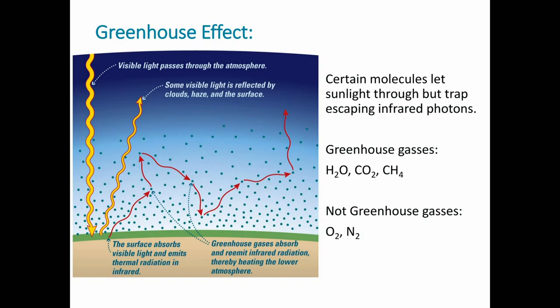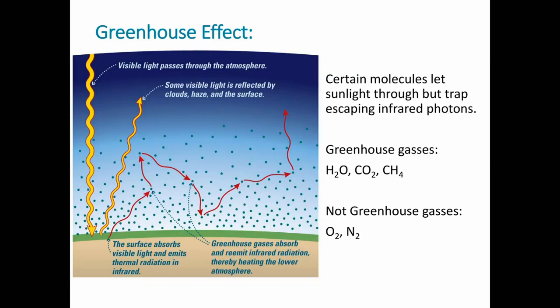It turns out a lot of particles in the atmosphere are actually very good at absorbing infrared light and not letting it escape back into space. So we call those greenhouse gases. Water is actually a greenhouse gas. Carbon dioxide is, methane is.